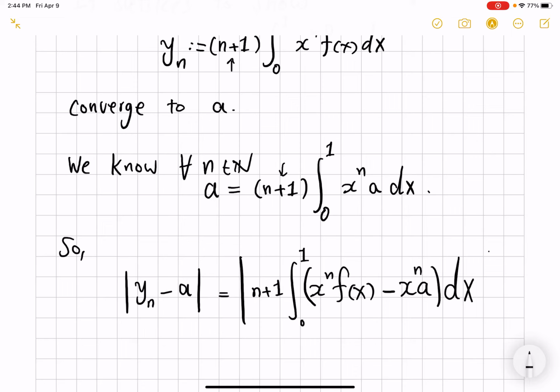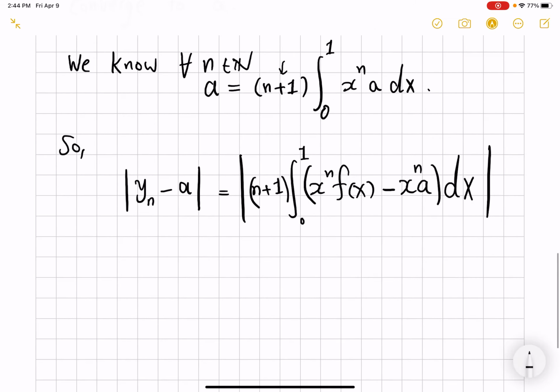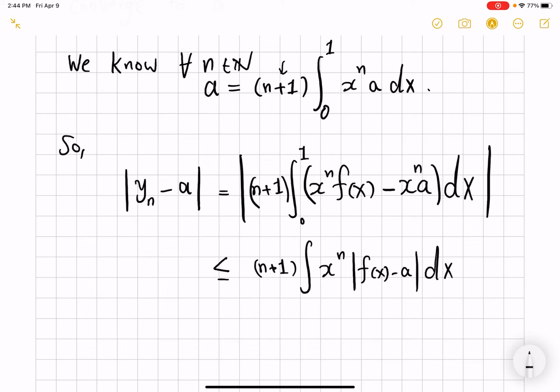And the absolute value is of course here, and we need parentheses. So this one will be less than or equal to n plus 1 times the integral from 0 to 1 of x^n times the absolute value of f(x) minus a dx.